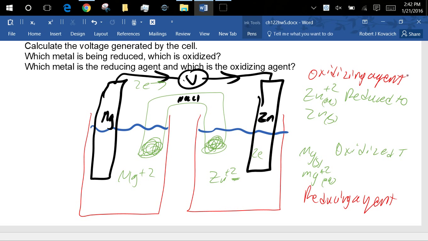What are those electrons going and doing? Traveling over to the zinc ion, and they're reducing it. So the thing that's being oxidized is losing electrons, so it must be sending its electrons to something else. So it's acting as the cause of the reduction in the other substance. Does that make sense? The only reason it's losing electrons is it's giving them to something else. So the magnesium is technically reducing the zinc, so it's the reducing agent. We'll do the voltage and talk about that a little bit more.